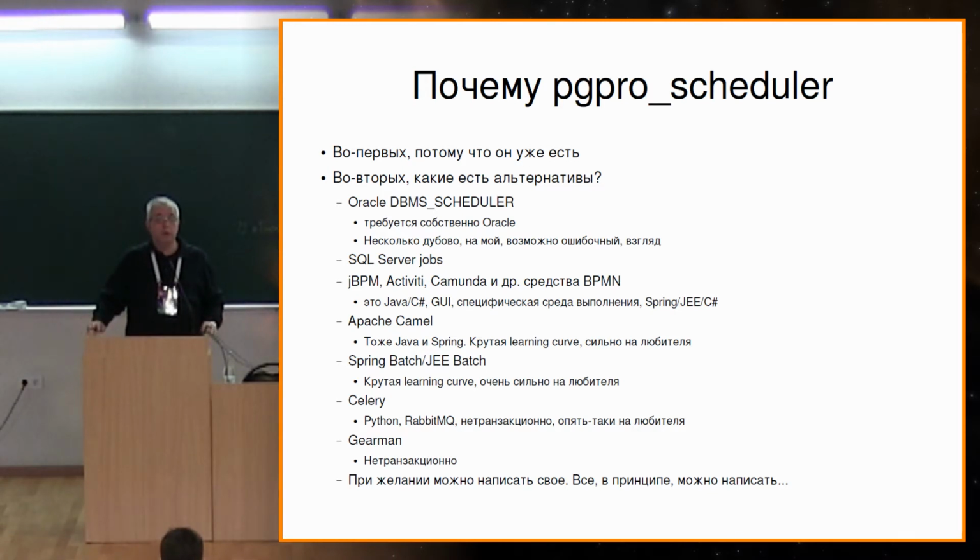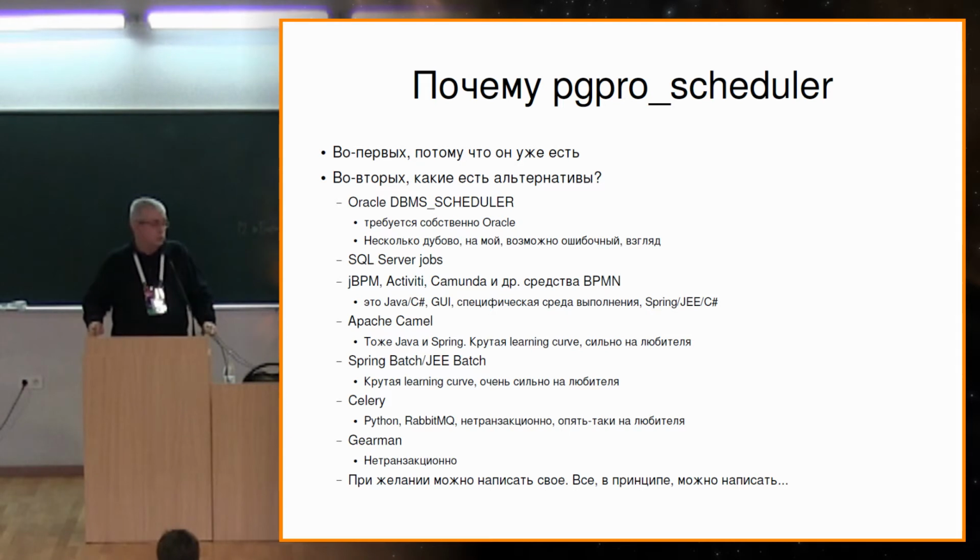Why PG Pro scheduler? Why can't we take another one? Well, actually, there are quite a lot of such things on the one hand, but on the other hand, somehow they're not popular. I don't really know why. We have some web frameworks, quite a lot of them, and why don't we have frameworks for background, for back office?